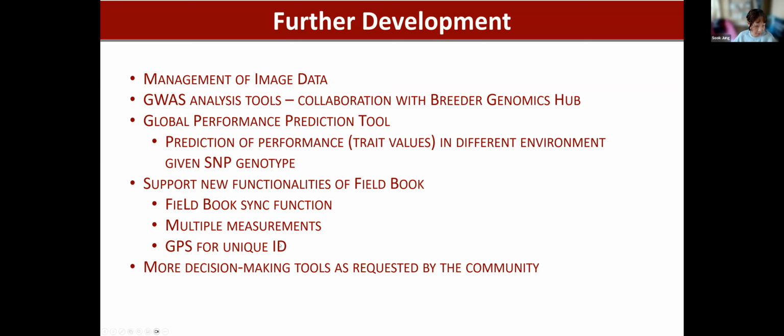I don't think we will have to do a lot for this, they can just upload the GPS to BIMS once it's available. And then we will work on more decision-making tools as requested by the community.